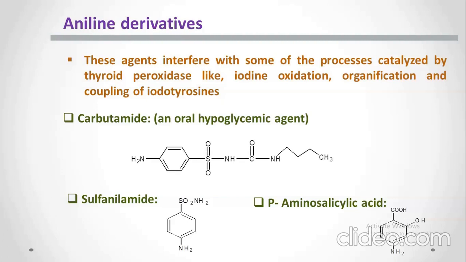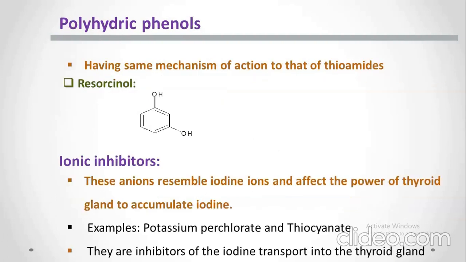These drugs also have different therapeutic uses, like para-aminosalicylic acid, which can also be used as an anti-tubercular agent, sulfonamides, which can also be used in urinary tract infections, and carbutamide, which is an example of an oral hypoglycemic agent.